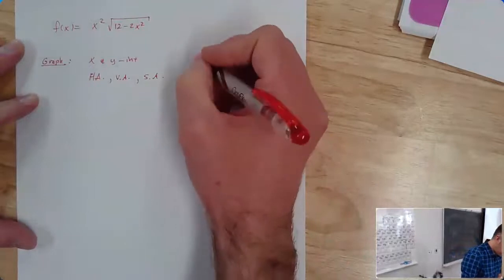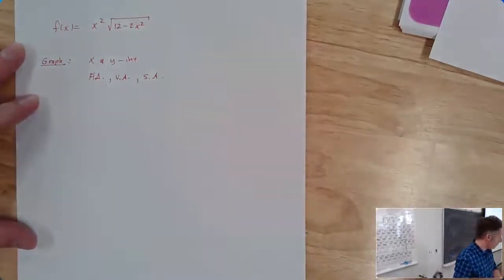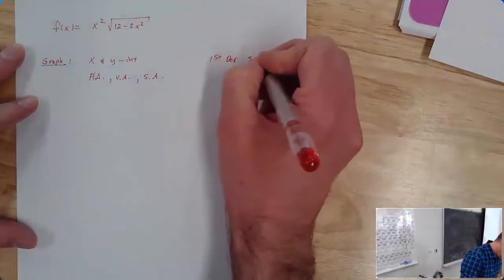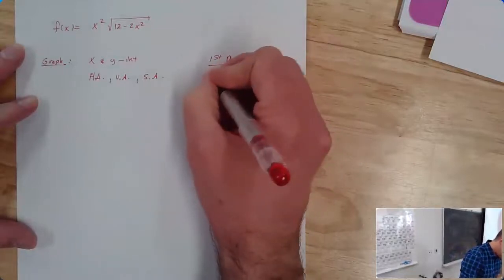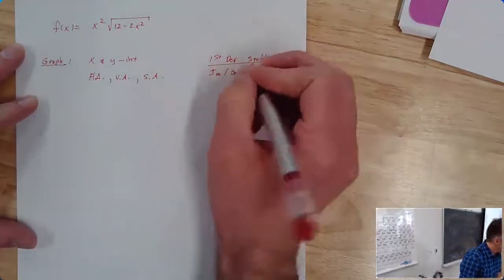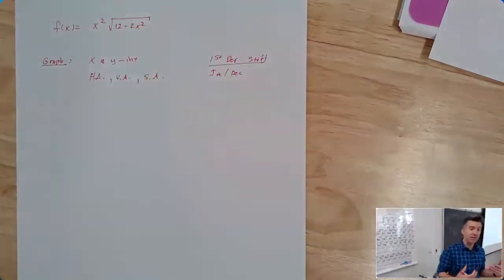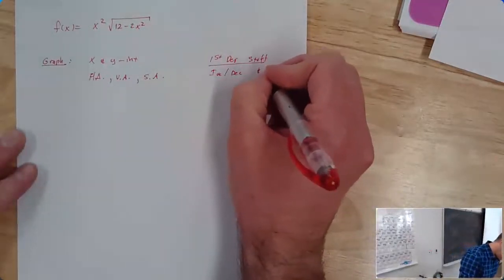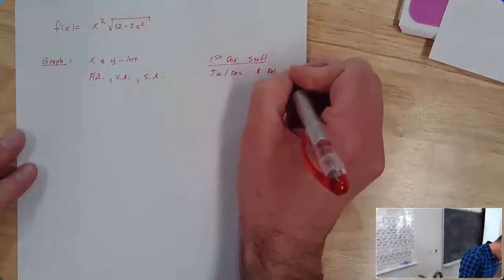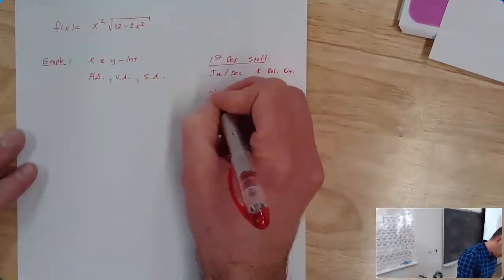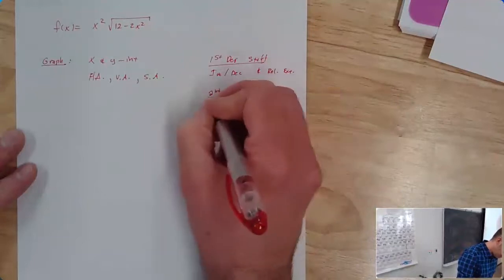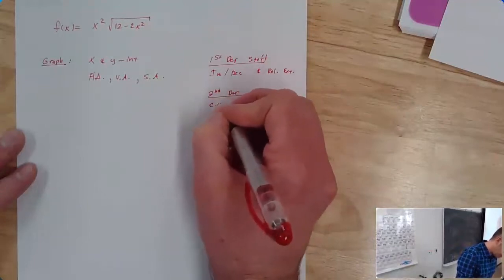Then we're going to include what I like to call all the first derivative stuff, which is where the function's increasing or decreasing. We don't usually write that down, but we definitely see it from the sign chart when we find where the function is going to have relative extrema. So increasing, decreasing, and any relative extrema. And then we're going to include all the second derivative stuff, which is where it's concave up, concave down, and any possible inflection points.